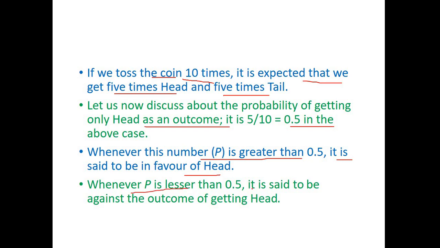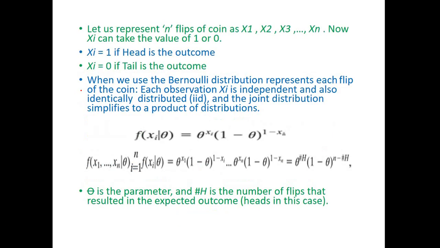If p is lesser than 0.5, then we can say that the outcome does not favor head, it favors tail. So let us represent n flips of the coin as x1, x2 up to xn. Now xi can take the value 1 or 0. 1 means head and 0 means tail.